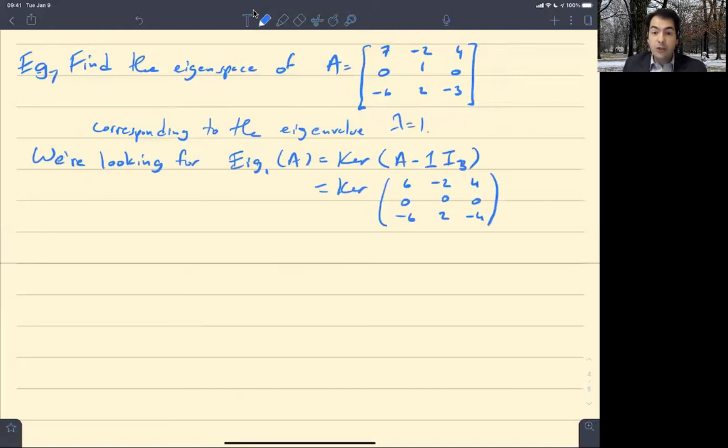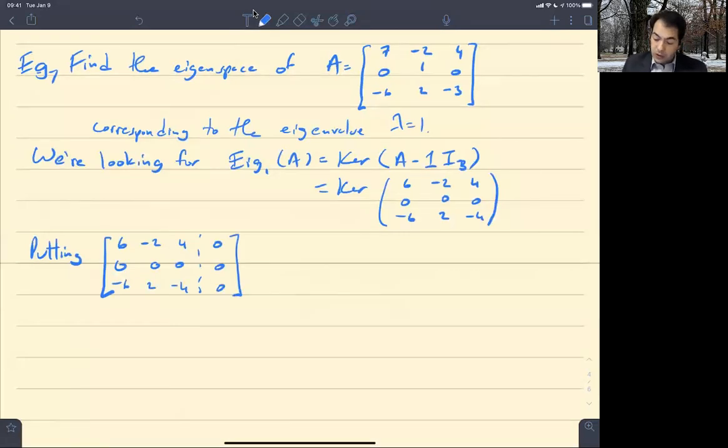That means we're looking for all of the solutions of Ax equal to 0, where instead of A, we're going to use A minus 1 times the identity. Right, so since we're trying to solve that, what we should look at is the augmented matrix 6, minus 2, 4, augment 0, and so on.